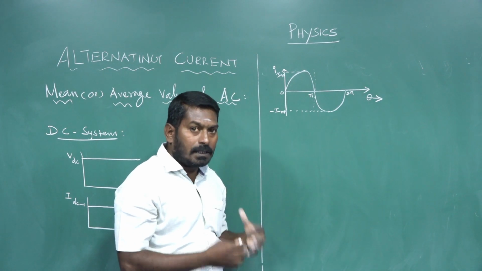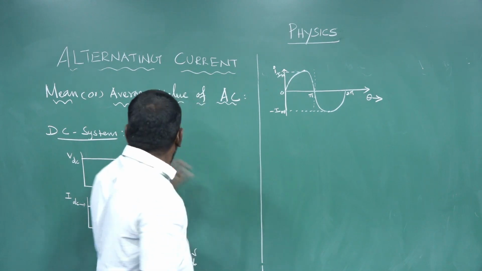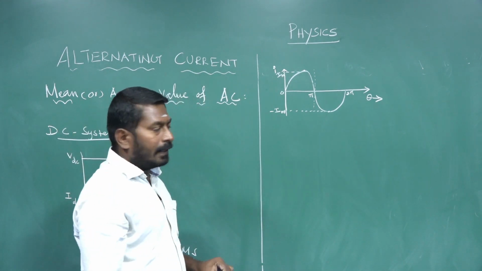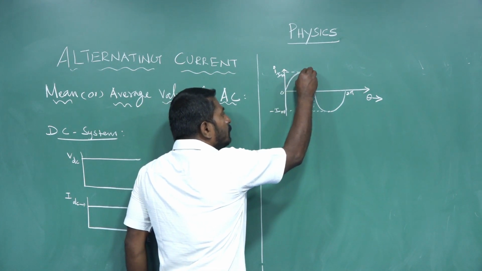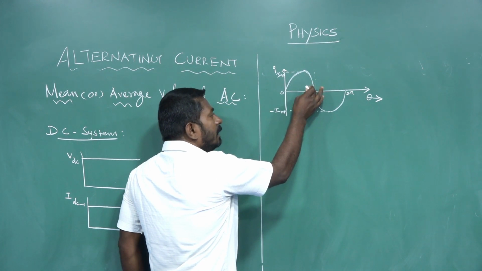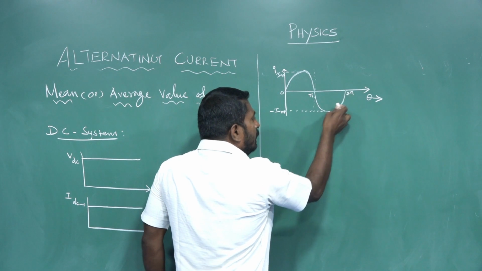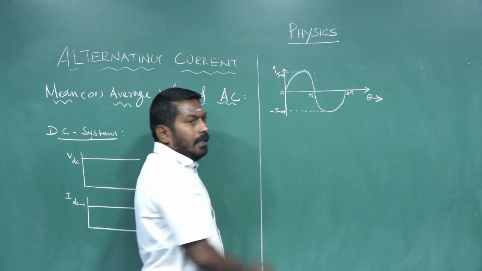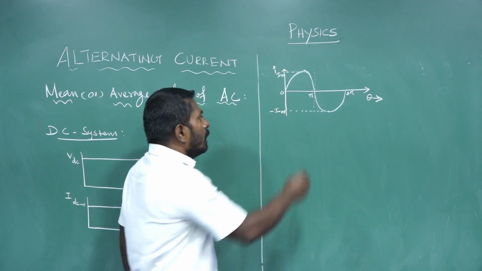Then how do we express or specify the alternating current? By the mean or average value of alternating current. So take the positive half cycle and take its average value, or take the negative half cycle and take its average value, either positive half cycle or negative half cycle.